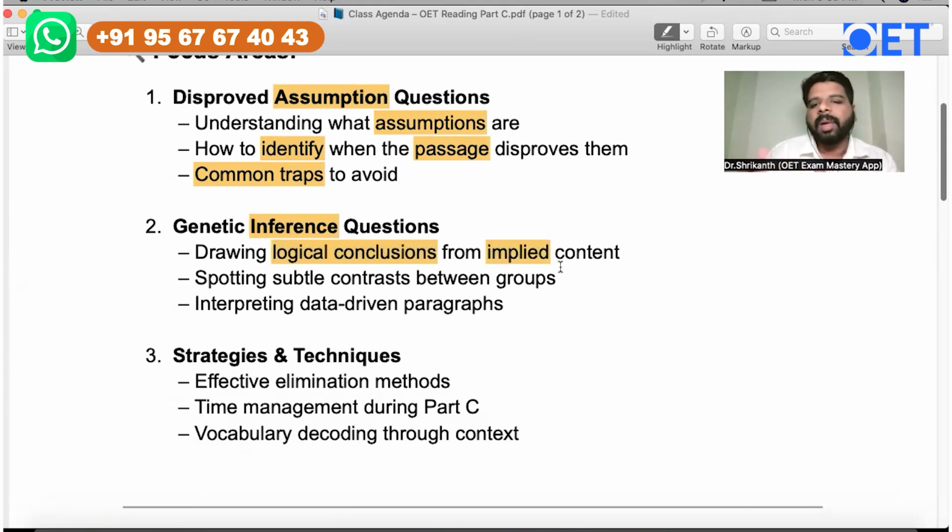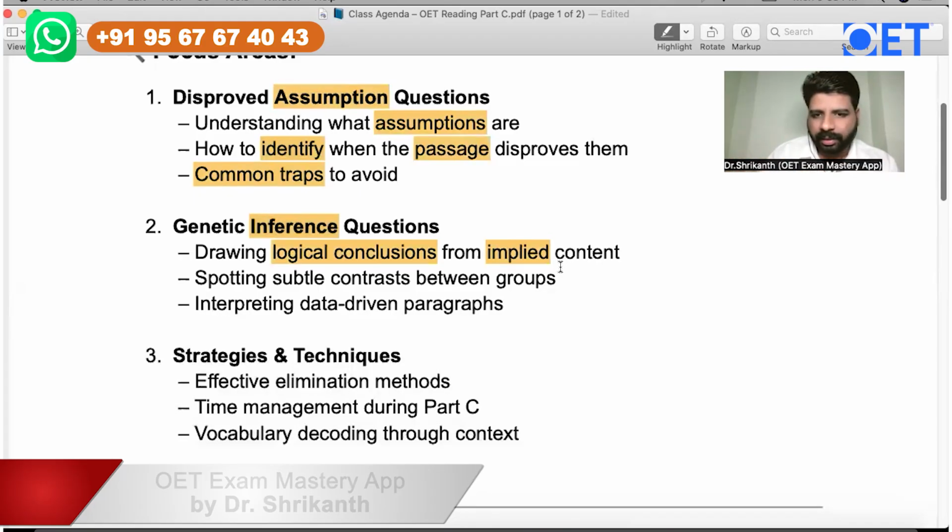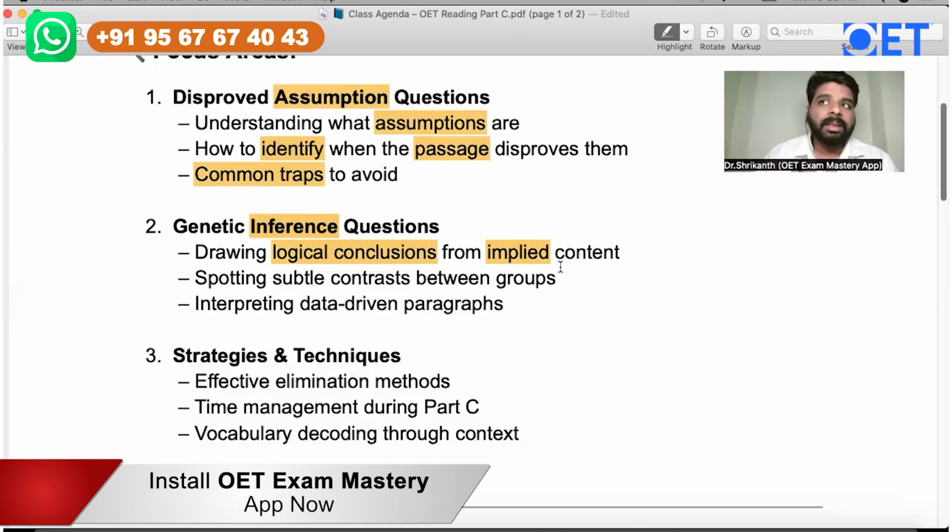Implied basically means it is not said directly. In the passage, they have not directly mentioned it; they have indirectly mentioned it, and we have to understand what they are implying. That requires, once again, inference.